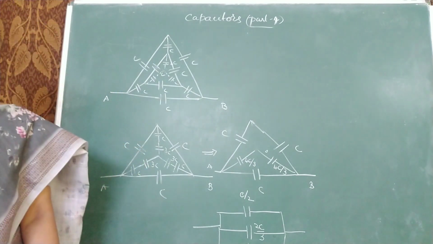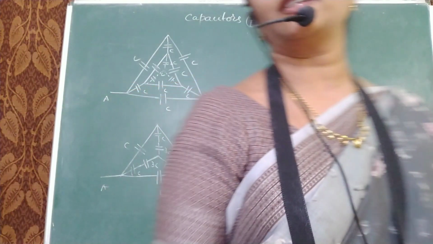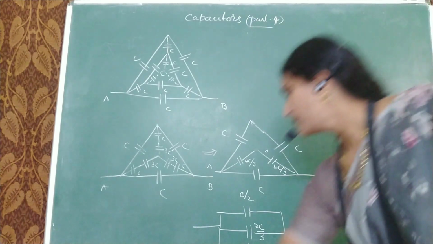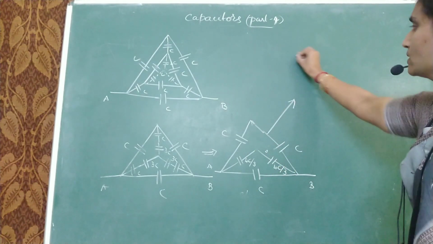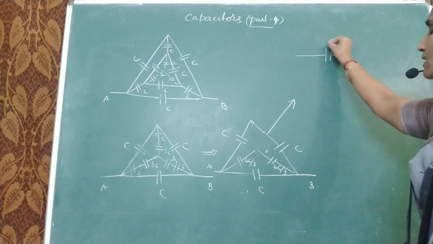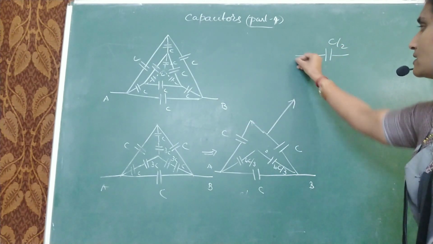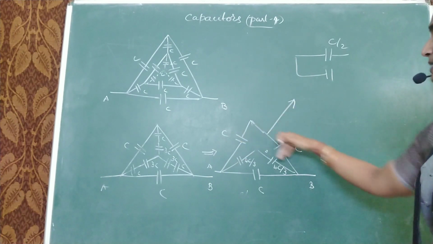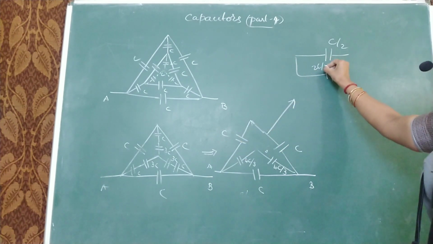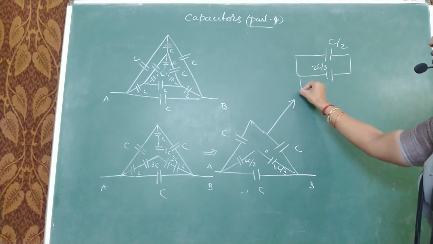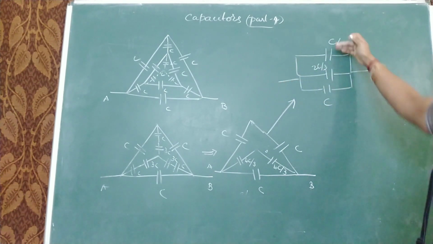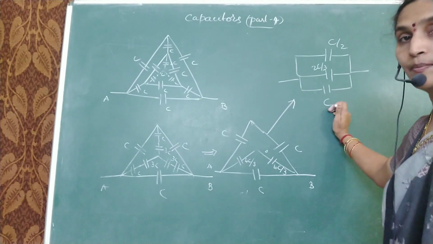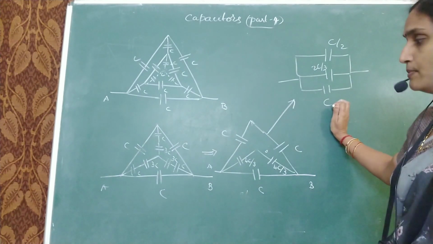Okay, since all 3 of them are in parallel combination, I think now it's not difficult to solve. I will write it here. This equivalent circuit: C by 2, C and C in series; 4C by 3, 4C by 3 in series, it will be 2C by 3; and below this we have C. And now since all 3 of them are in parallel combination, you can just go for simple addition.